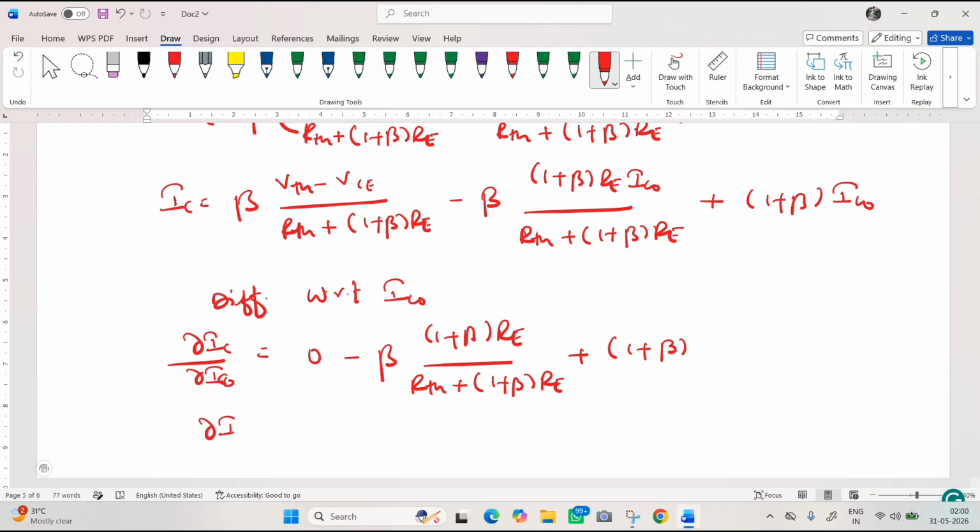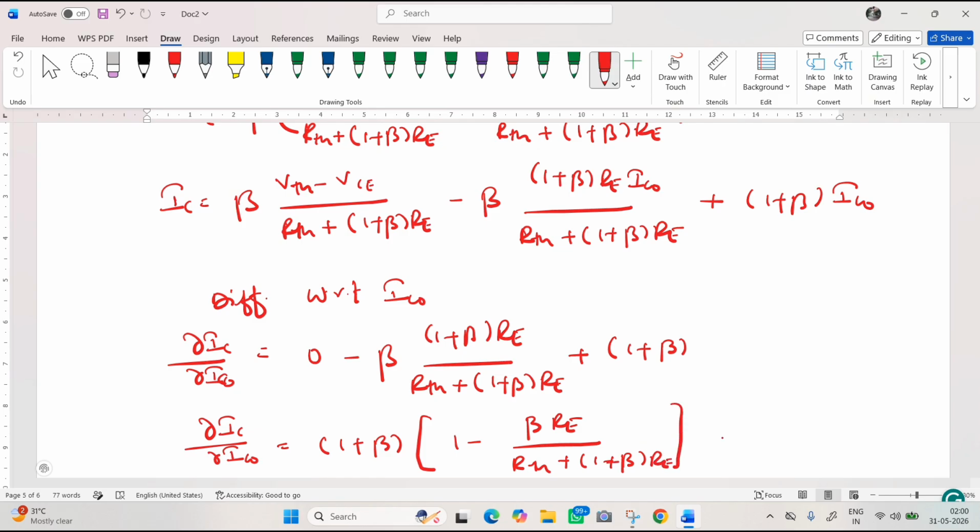This dou IC by dou IC naught, if I take (1 plus beta) as common here, then the inner part will be 1 minus beta times RE divided by R Thevenin's plus (1 plus beta) times RE. I will get it, right? This is the expression I will get.